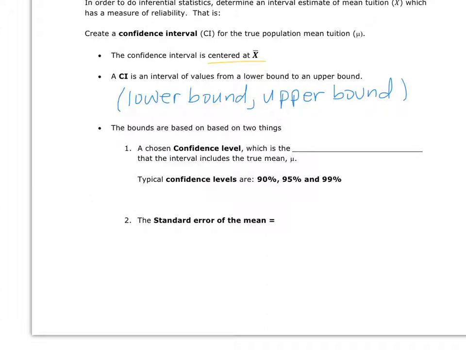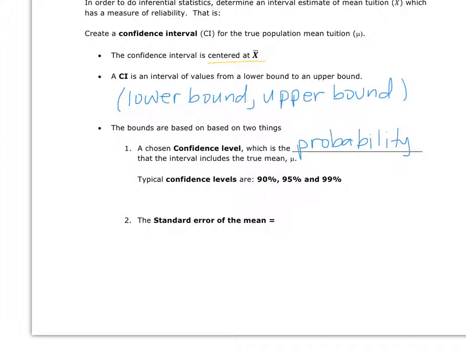Okay, the bounds, the lower and upper bound, are going to be based on two different things. One is a chosen confidence level, which is the probability that the interval includes the true mean, mu.